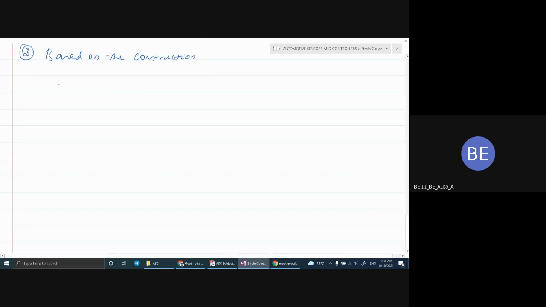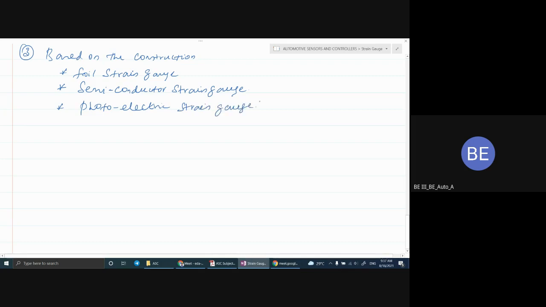It is classified as foil strain gauge, semiconductor strain gauge, and photoelectric strain gauge.